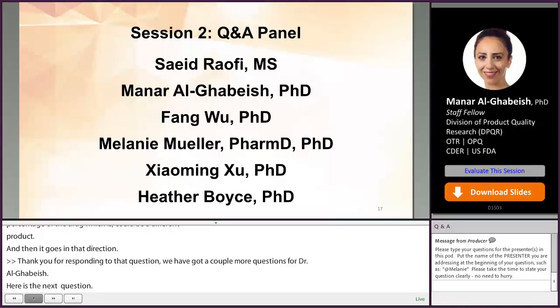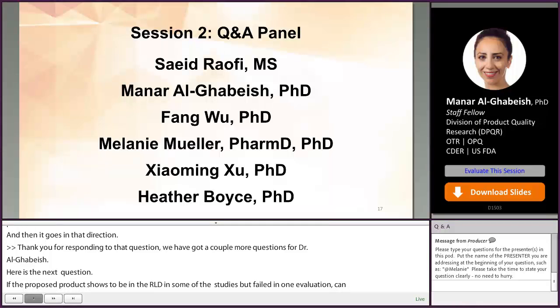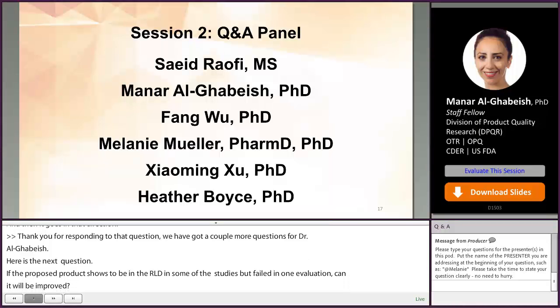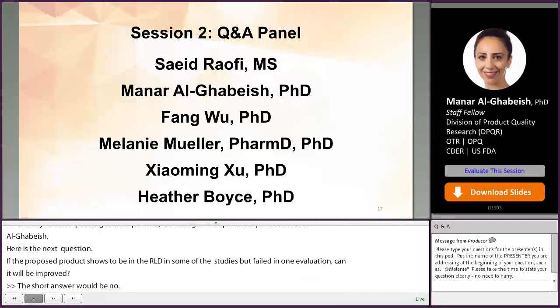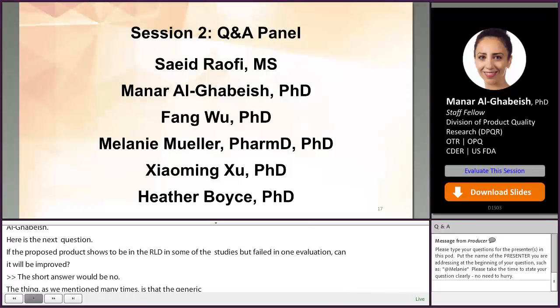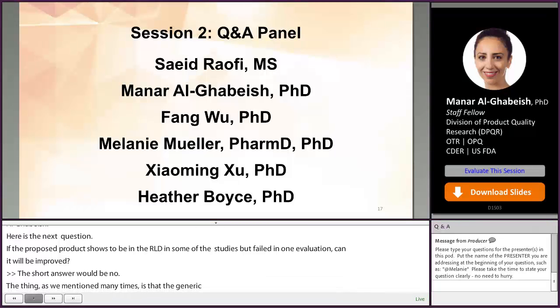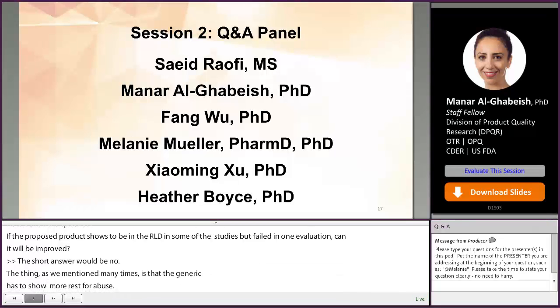The short answer is no. As we mentioned many times, the generic must not show more risk than the RLD for abuse. Even if it showed to be superior in all different routes, if it failed that one route, that would increase the risk of abuse in that route, which could be an even more dangerous route.